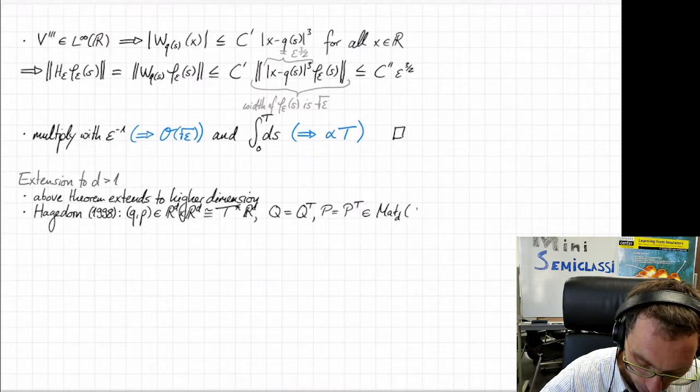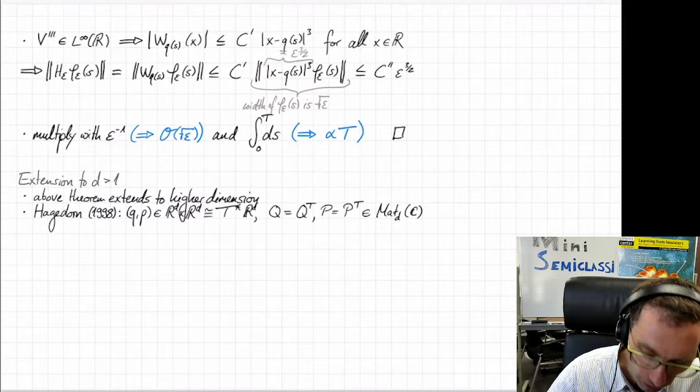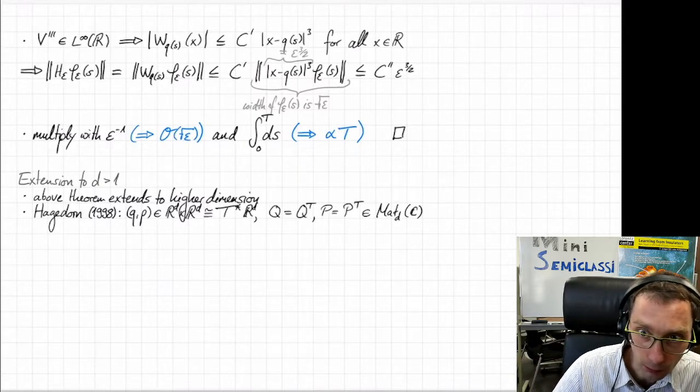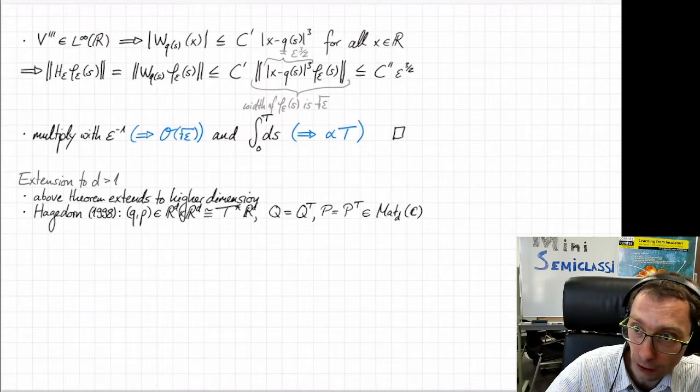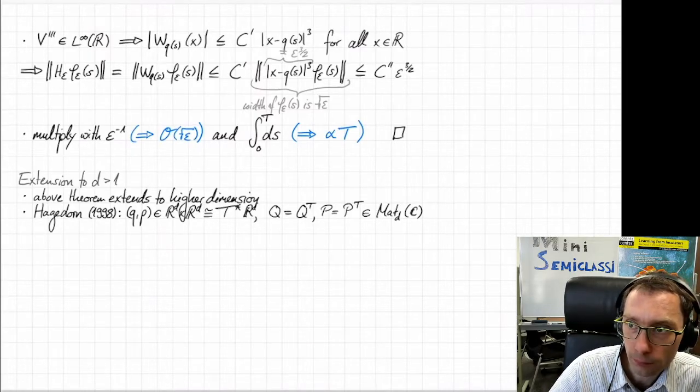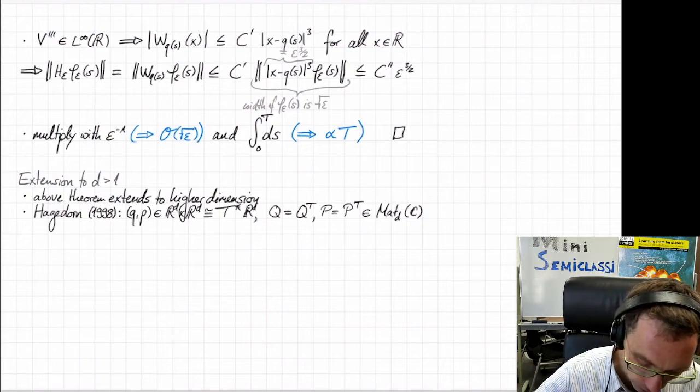And with complex entries. And these matrices satisfy certain relations. So they're not independent.